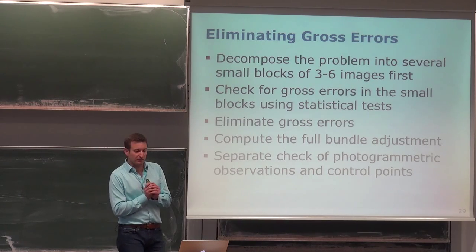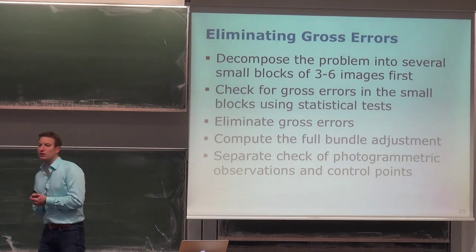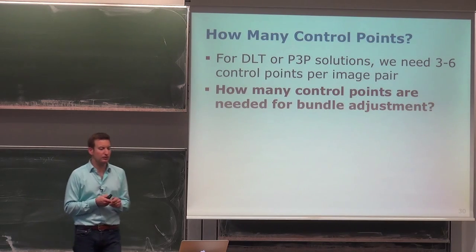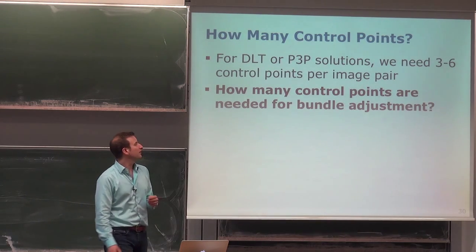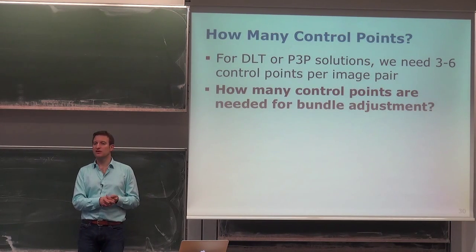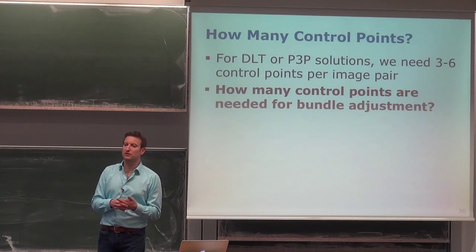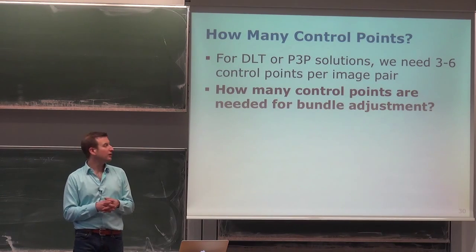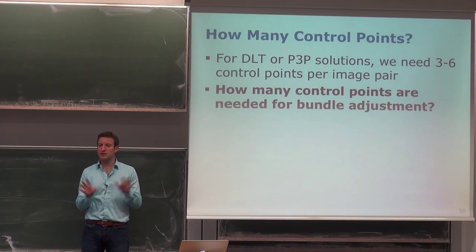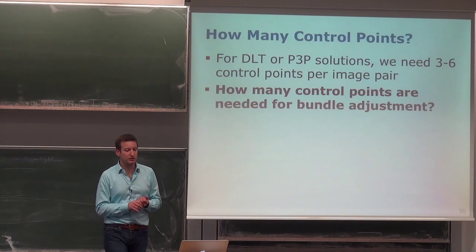So the next important question, after I identified my gross errors, is how many control points do I actually need? If we look at the existing solutions for relating points that we see to an existing coordinate system through control points, we either use the DLT, which requires six control points, or the projective three-point algorithm, where we require three or four control points depending on whether I want to resolve an ambiguity or not.